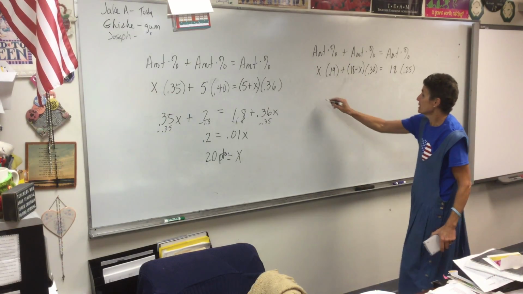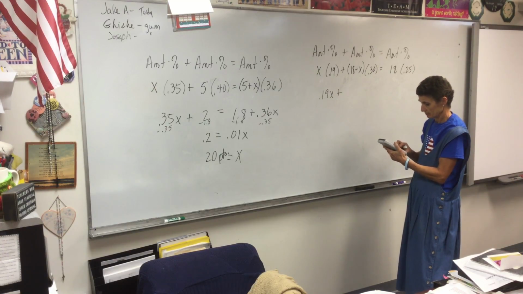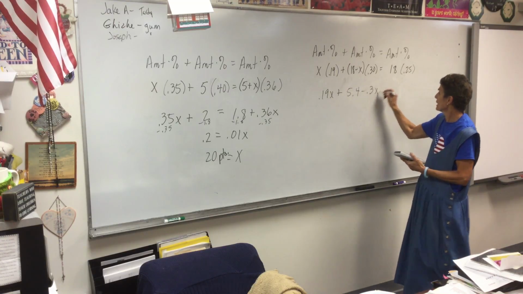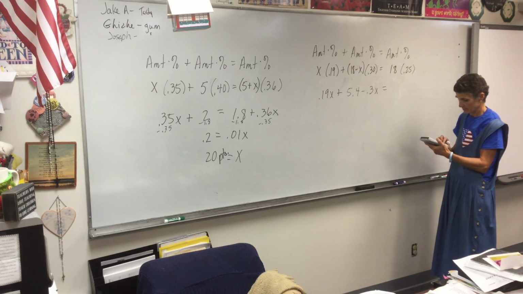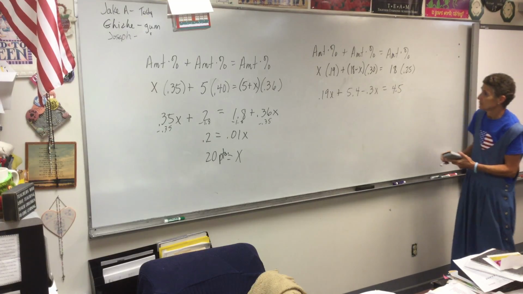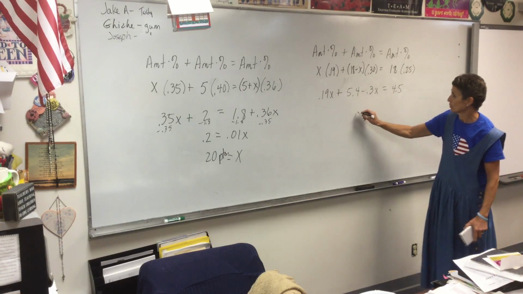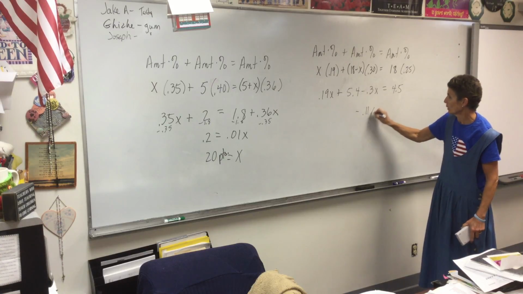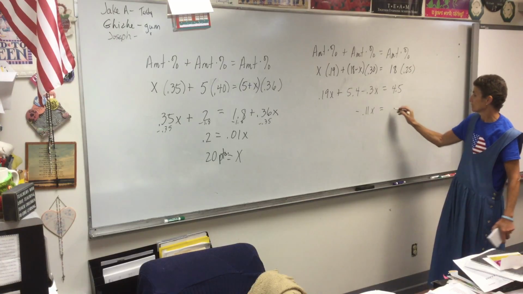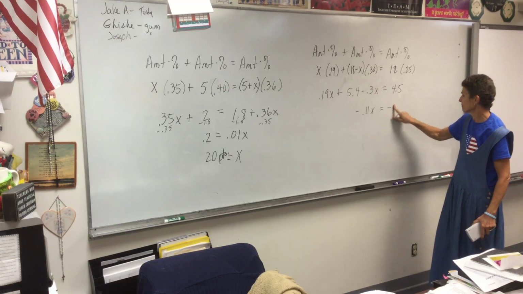A little bit tricky. So 0.19X plus 5.4 minus 0.3X equals 4.5. All right, so those added together will be negative 0.11X equal to negative 0.9.